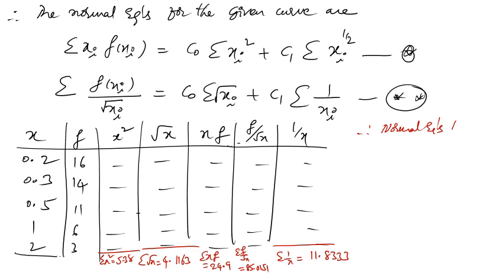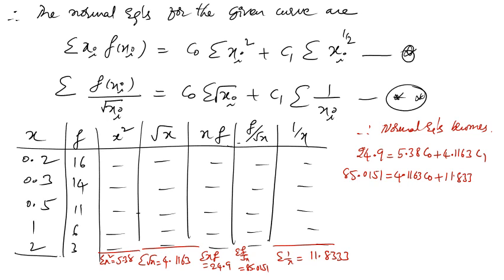Therefore, the normal equations become: 24.9 equal to 5.38 C naught plus 4.1163 C1, and the next expression, 85.0151 equal to 4.1163 C naught plus 11.8333 C1.